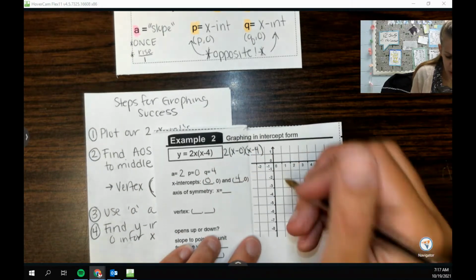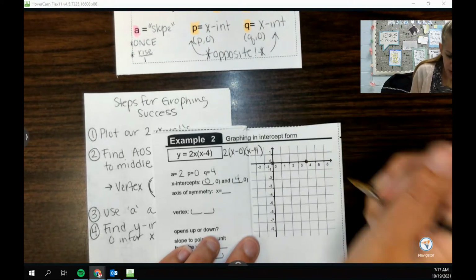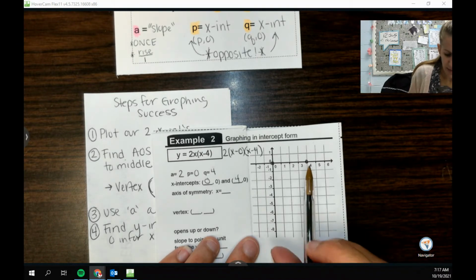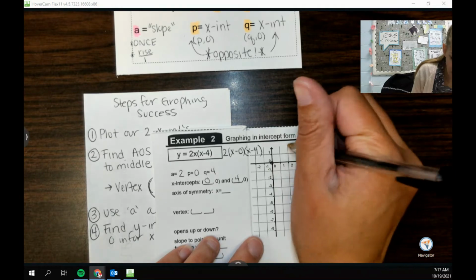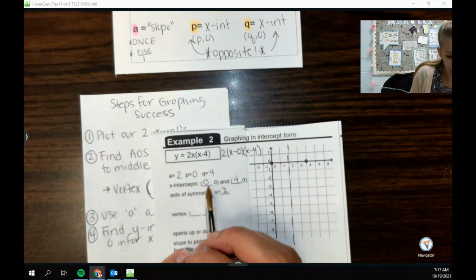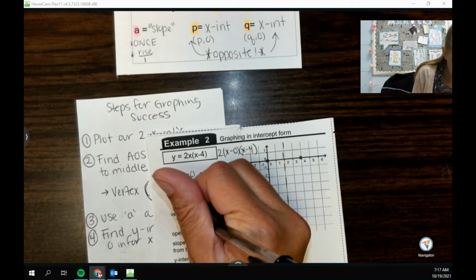Because I know my x-intercepts are at 0 and 4, we can plot those points. To find my axis of symmetry, I'm going to count until I get to the middle, which is at 2. Or we can do that formula again where I add these two and take half. Still 2.